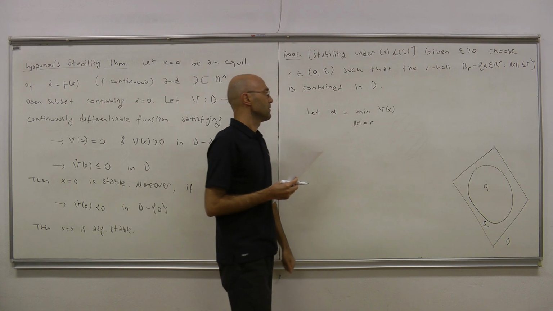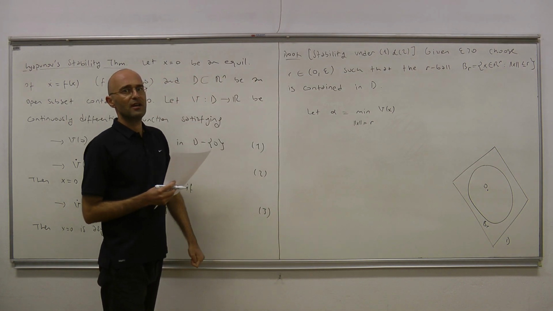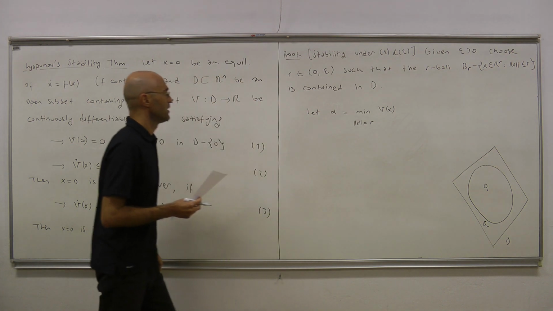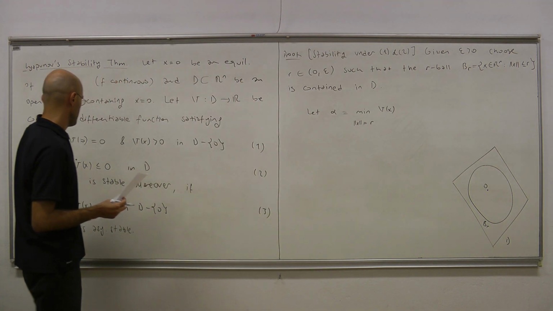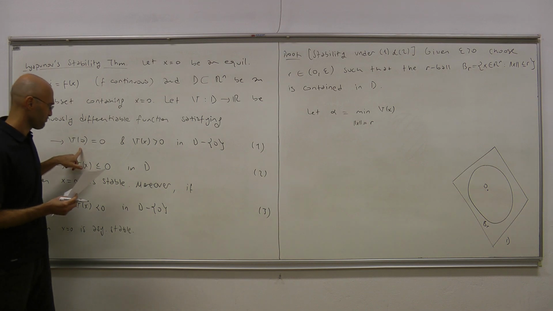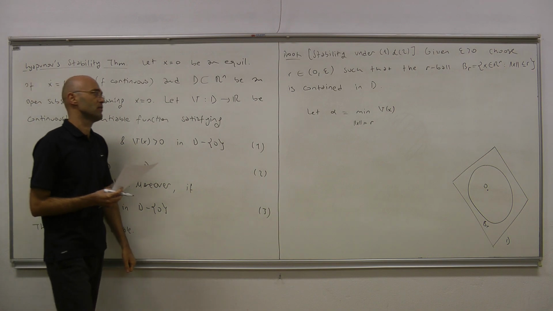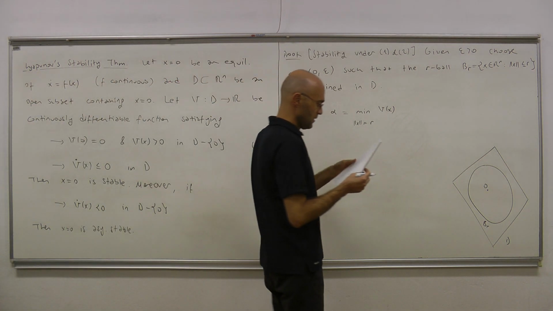Therefore this minimization has a solution, and that real number has to be positive because V of x is 0 only at 0. Elsewhere, it's strictly positive.